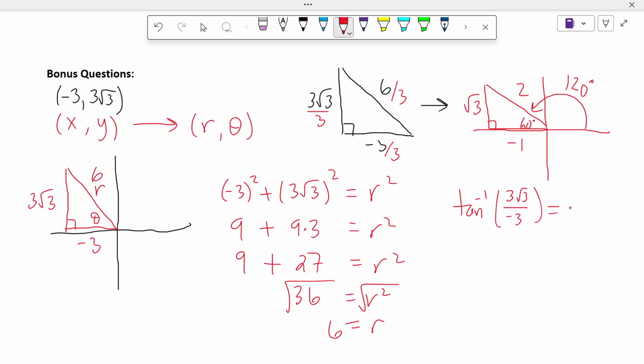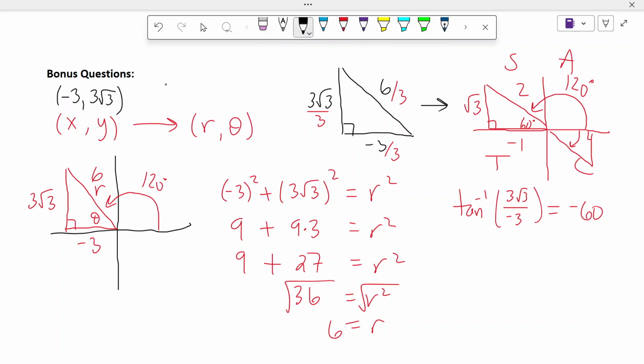You'd get -60 degrees, because remember, all students take calculus. The tangent inverse gives you a quadrant 4 answer, -60, but that just means this is 60 degrees here in quadrant 2, which is a 120 degree actual angle as opposed to the 60 degree reference angle. So the angle is actually 120 degrees, and that's a nice angle.